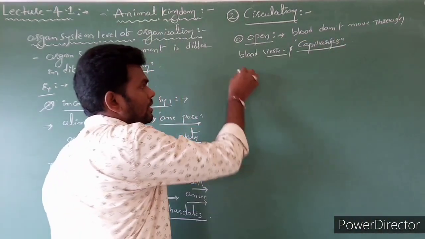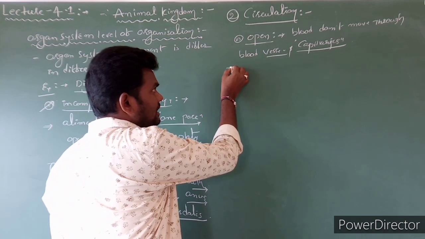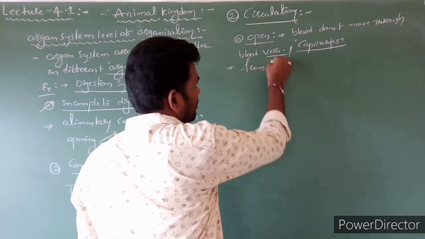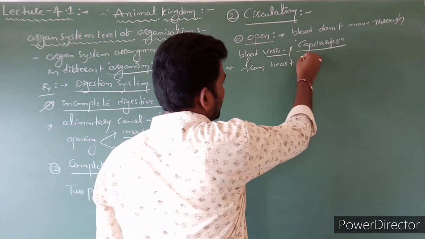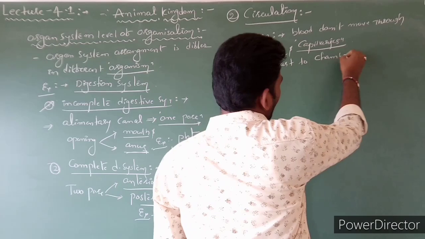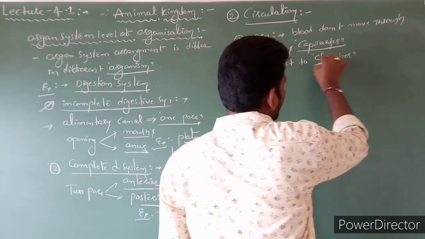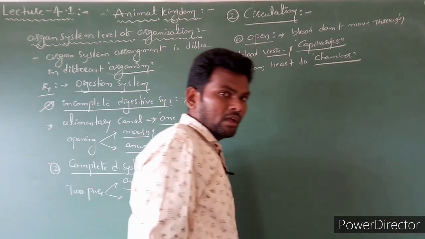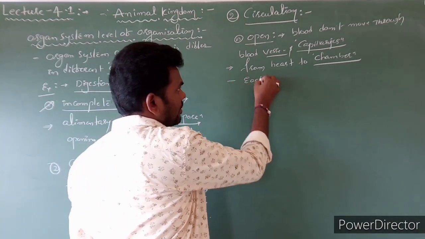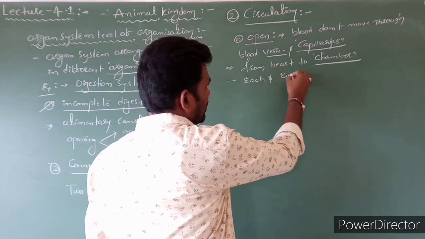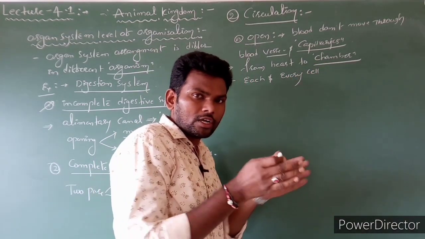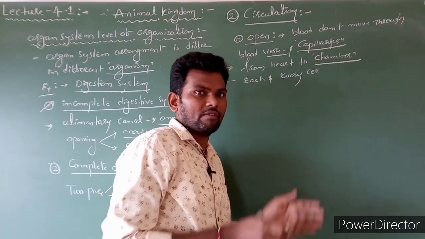Blood vessels as well as capillaries. In this case, what happens? The blood is directly pumped from the heart to one chamber, nothing but one big cavity. In the cavity, each and every cell should be bathing or in contact with this cavity.